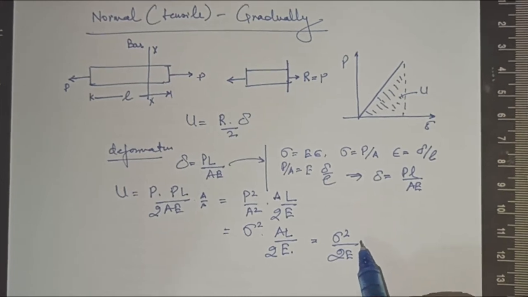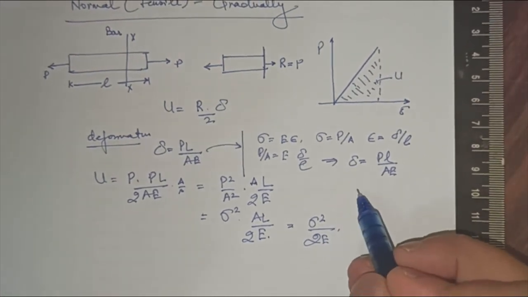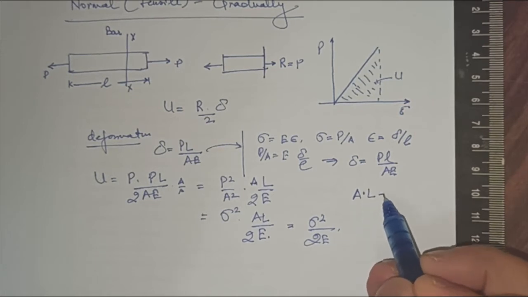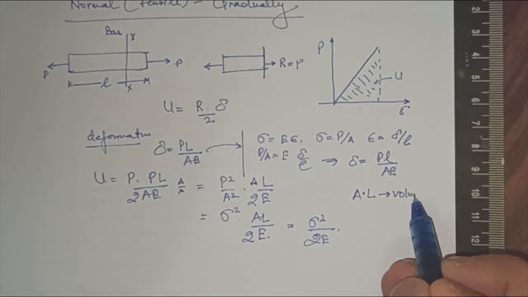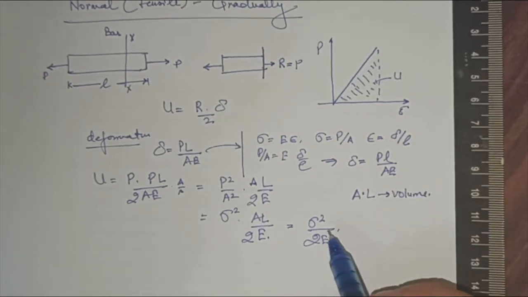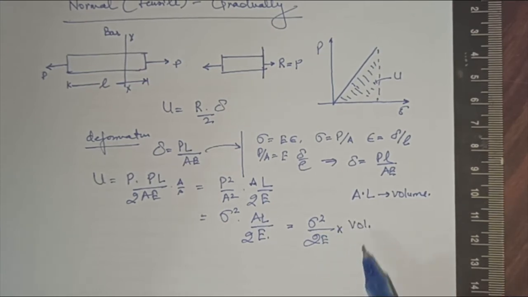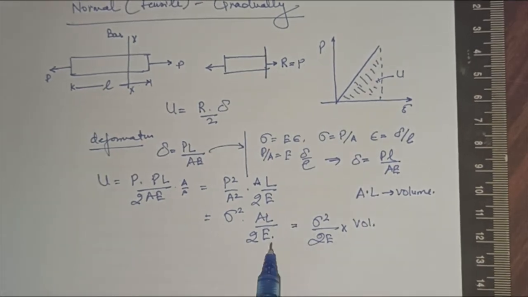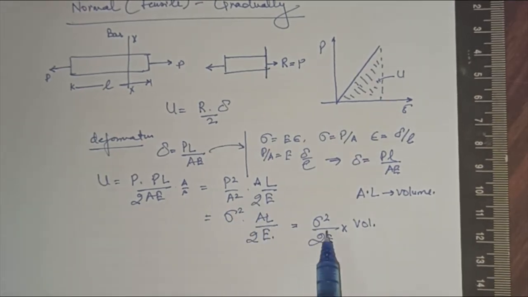AL is also known as volume. So you can say this is sigma square upon 2E times volume, where volume is AL. So this is the expression for strain energy.